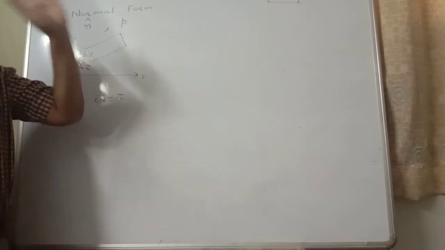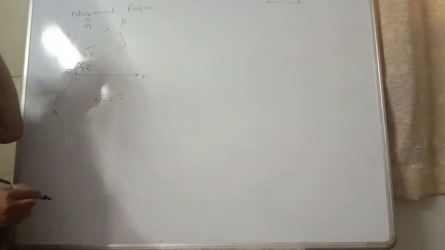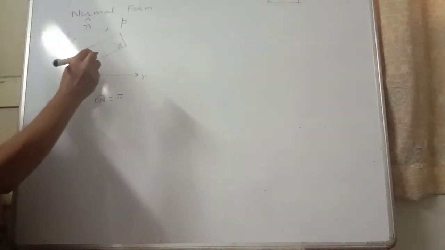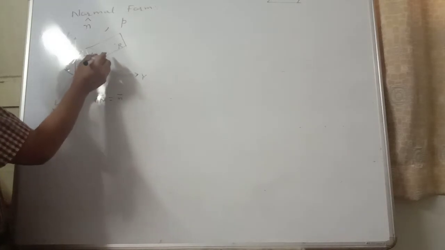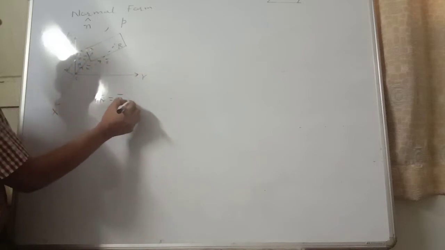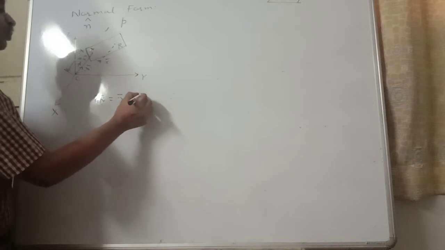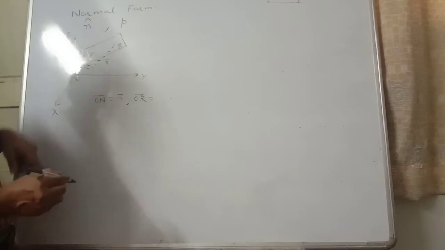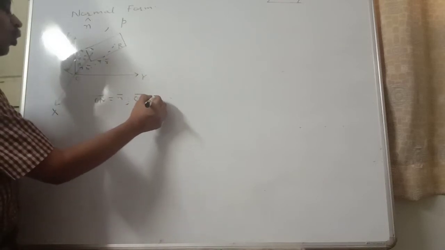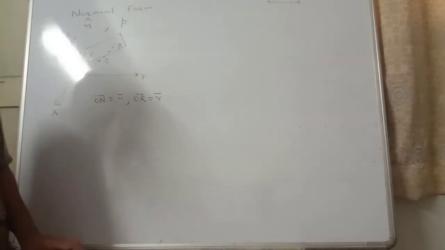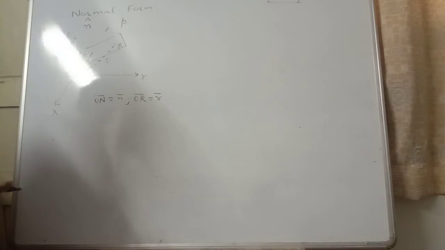Let us consider any other point on the plane other than N. Suppose R is a point in the plane with position vector r bar. Its position vector means the vector directed from the origin towards point R, OR bar.